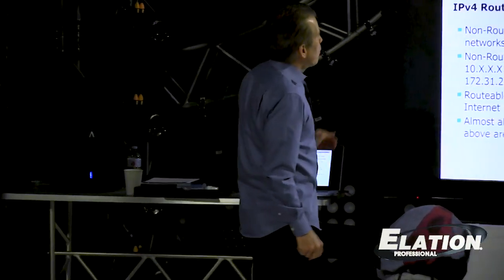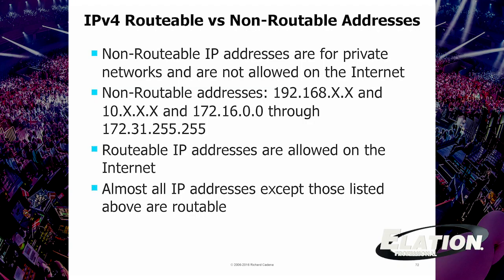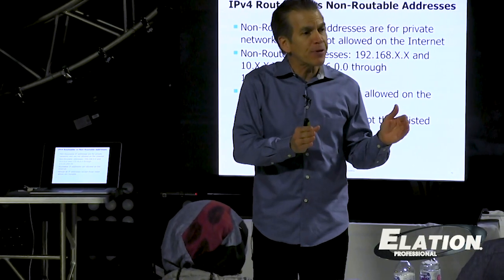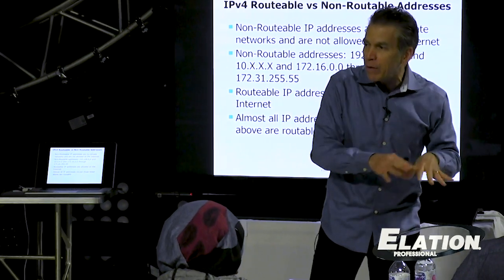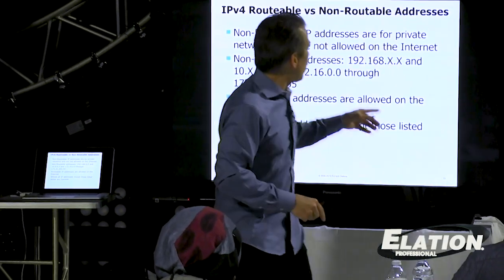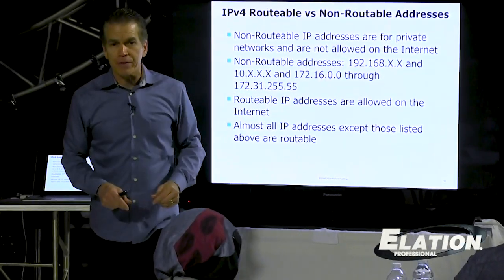Now, when we're talking about IP version 4, there are what are called routable IP addresses. Those are IP addresses that are allowed to go out on the internet, that we can use out on the internet. And then there's another block of IP addresses that are reserved for private networks, and those are called non-routable IP addresses.